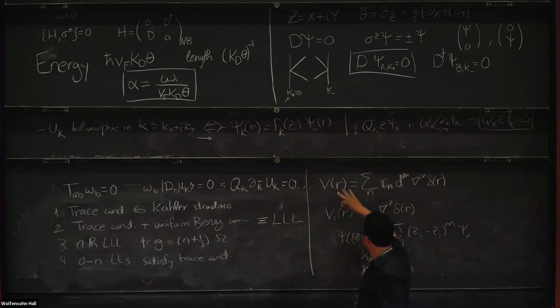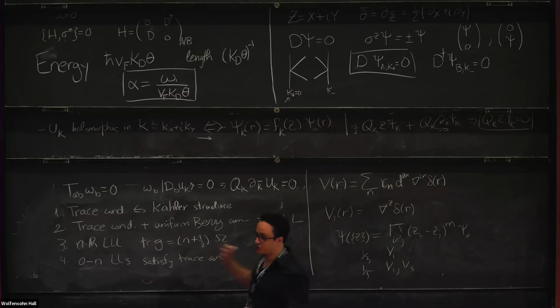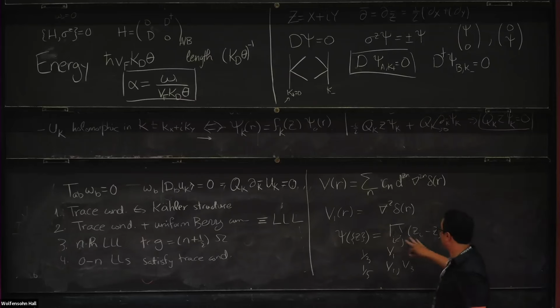So how do we make use of this argument to understand something about more general bands than the lowest Landau level? If you look at this argument, you see that the main feature of the lowest Landau level that allowed us to write a state like this, which would be annihilated by these short-range interactions, is our ability to write the wave function by multiplying factors like this, zi minus zj.